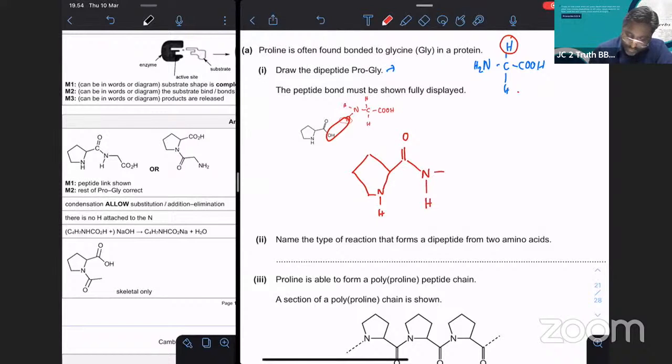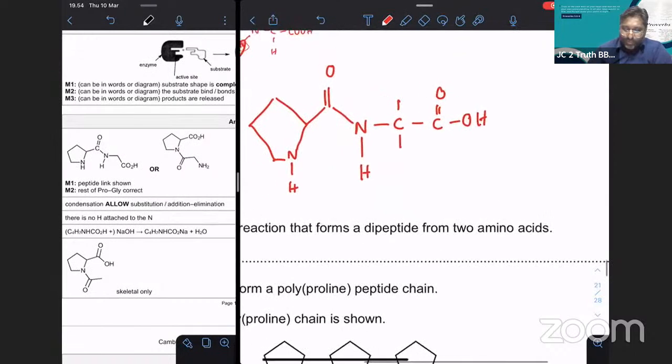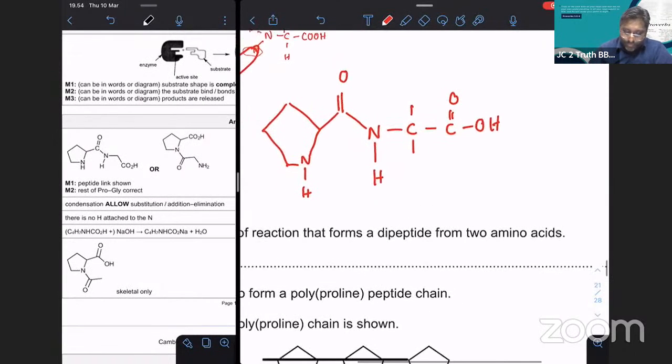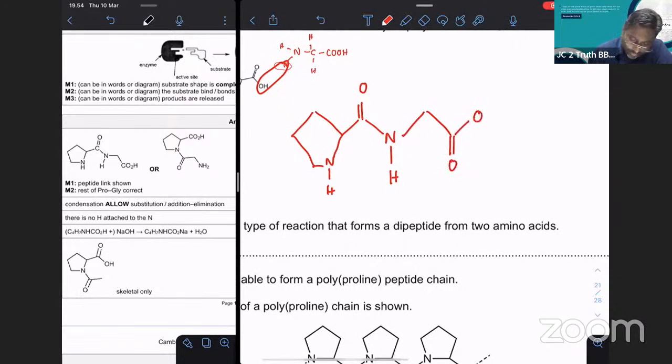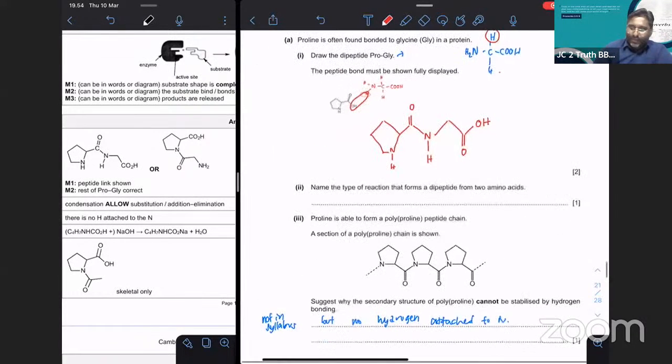Then you have carbon, hydrogen, and then C double bond OOH. If you want to change them into skeletal formula, you can just put the NH over there. Then the carbon, they have 2 carbon, so I'll put 1 carbon, 2 carbon, and the last carbon has the carboxylic acid group. So you can just leave it like this.